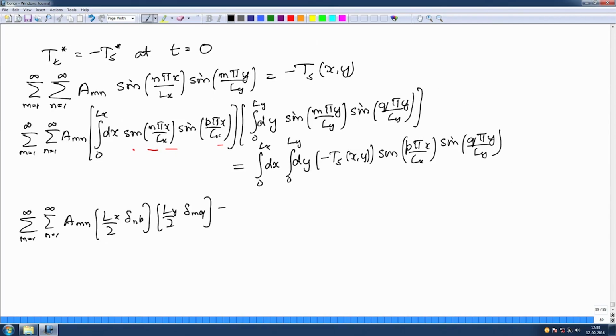Okay. This is the right side: integral 0 to Lx dx, integral 0 to Ly dy, into minus the steady temperature of x and y multiplied by these two functions.